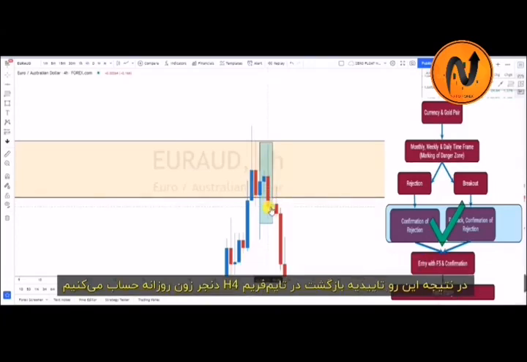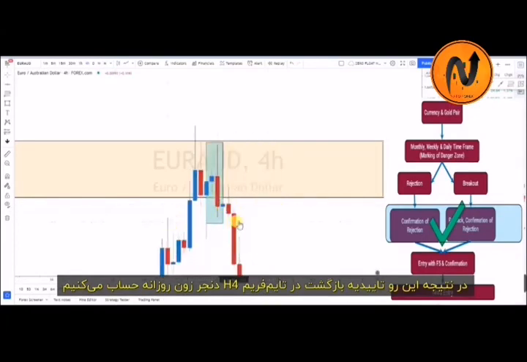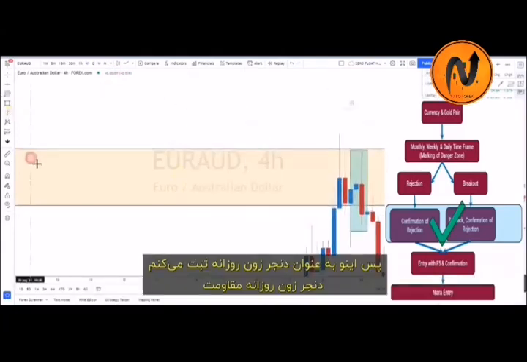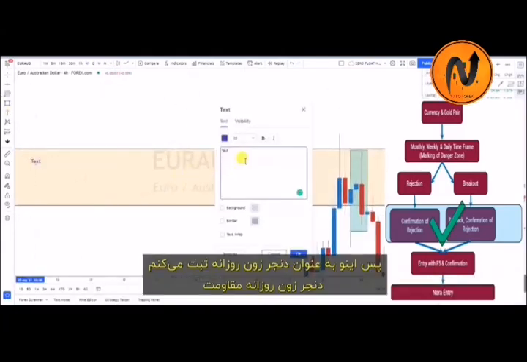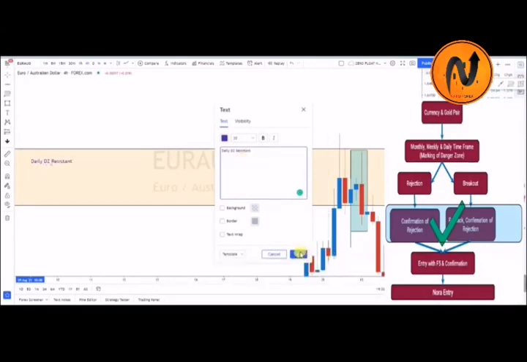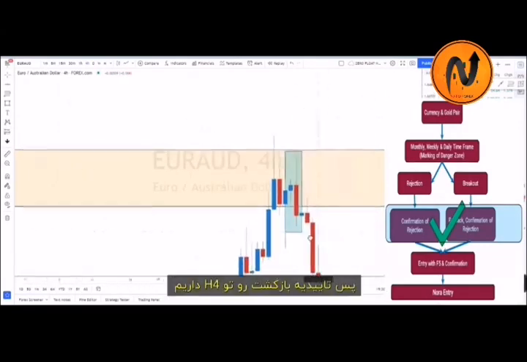Therefore, this is considered a confirmation of rejection on the H4 time frame for the daily danger zone. So I'm going to write this as daily danger zone, DZ, resistance.